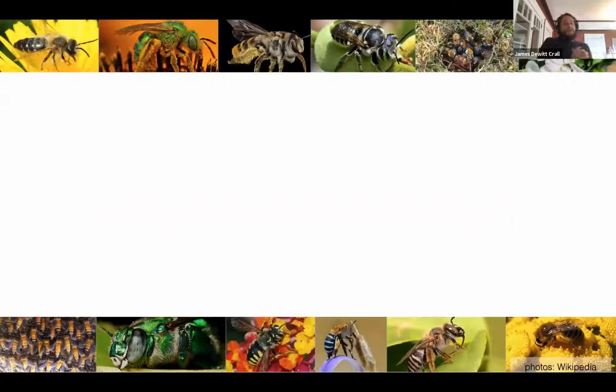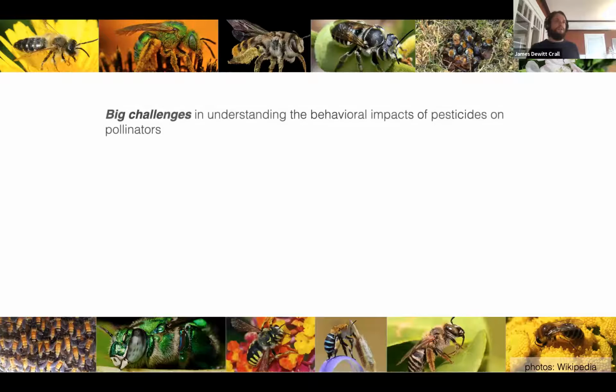Okay, so if we focus on trying to think about the impacts of these compounds on bees and trying to understand what they do, there's a few big challenges I want to focus on today. And this is really even just focusing on the relatively narrow set of effects that are the behavioral impacts of pesticides. The reason I'm focusing on that today is that, as a neurotoxin, it's likely that at least some of the important effects are behavioral.